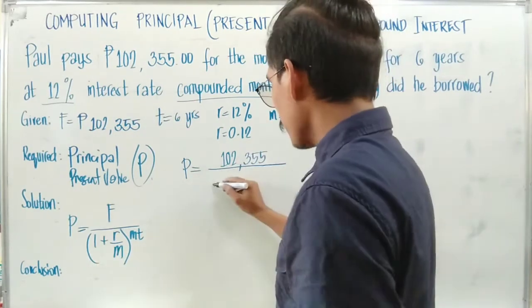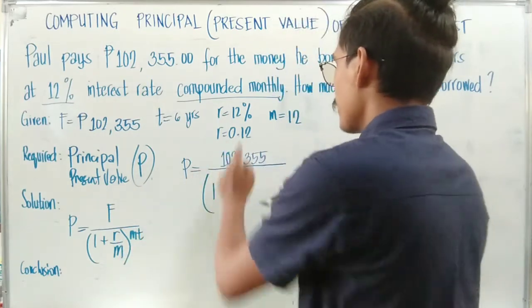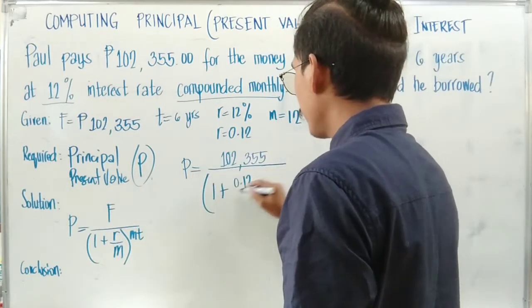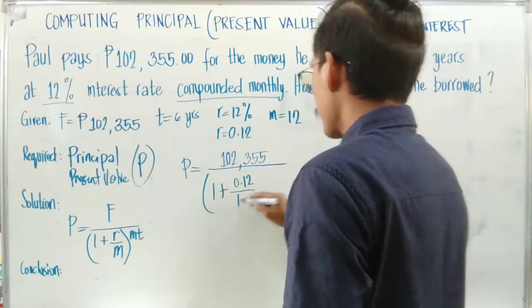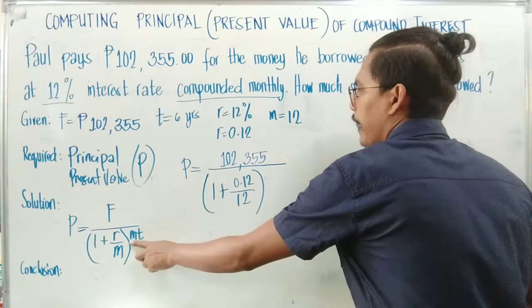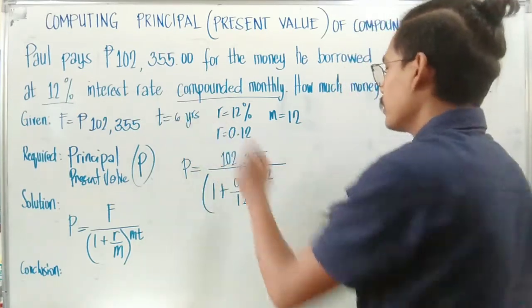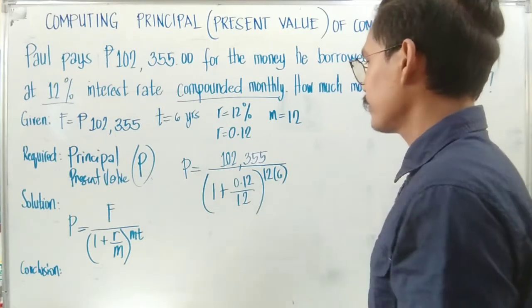Then in your denominator, we have 1 plus R, which is 0.12 over M, which is 12, raised to the quantity M, 12, times T, which is 6.